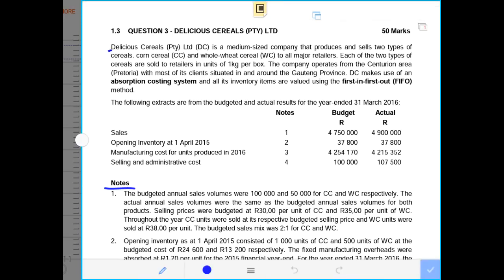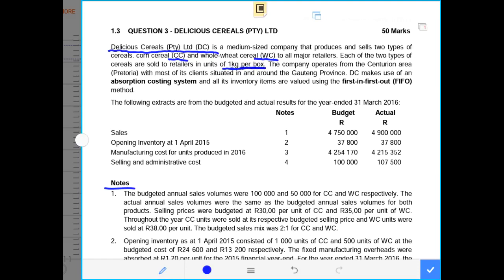First, it says Delicious Cereals Pty Ltd is a small size company that produces and sells two types of cereals, which is corn cereal, abbreviated as CC, and whole wheat cereal, abbreviated as WC, to the major retailers. And they say each of the two types of cereals are sold to retailers in kgs or in units of 1 kg, meaning 1 kg is 1 unit per box.